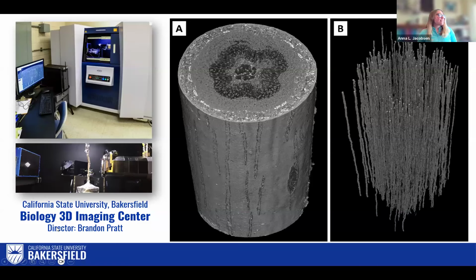All right. So this is just a real quick, neat image from this study. Looking at the structure of plants and at that wood structure and the cells within it, we were able to use our micro CT on campus, which was purchased with Brandon Pratt as PI with Department of Defense funding. This is an example of a piece of wood from one of these trees.